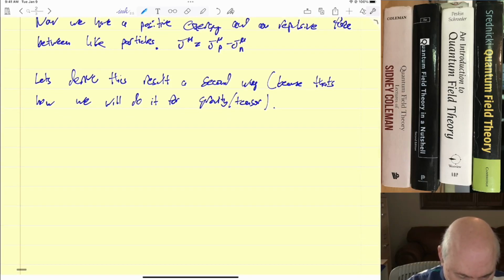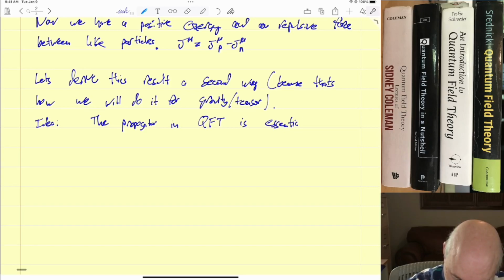So the idea is that the propagator in QFT is essentially, we have a denominator. The denominator is always k squared minus m squared with the West Coast metric. And the numerator is basically, we start out with one polarization and we go to another polarization.